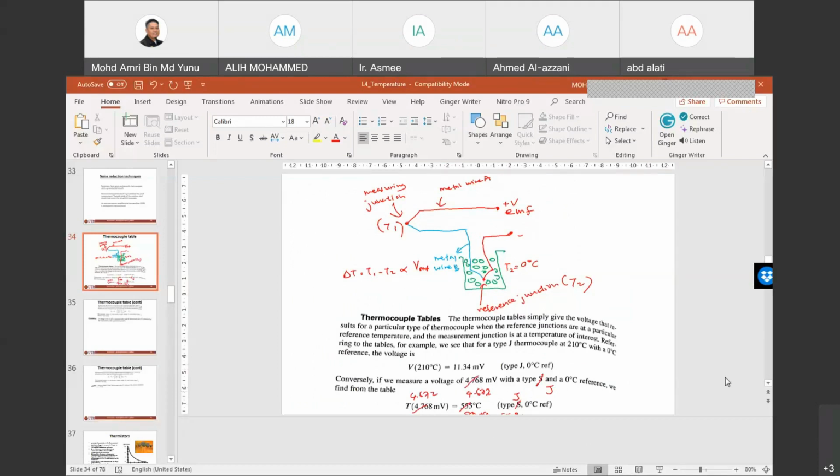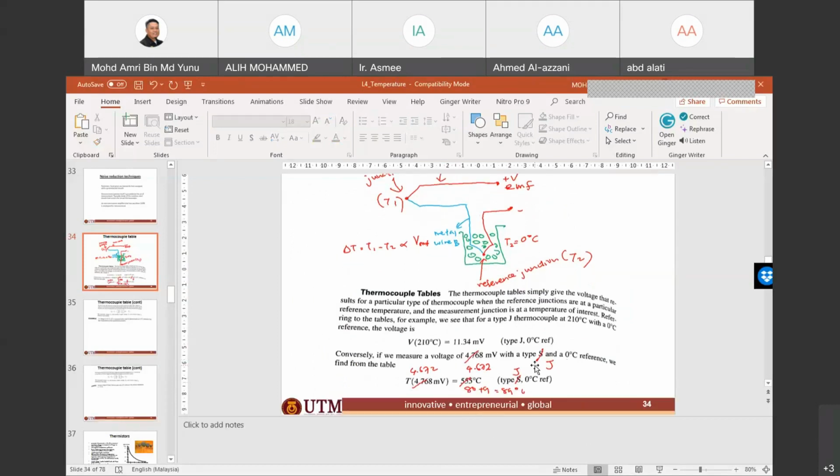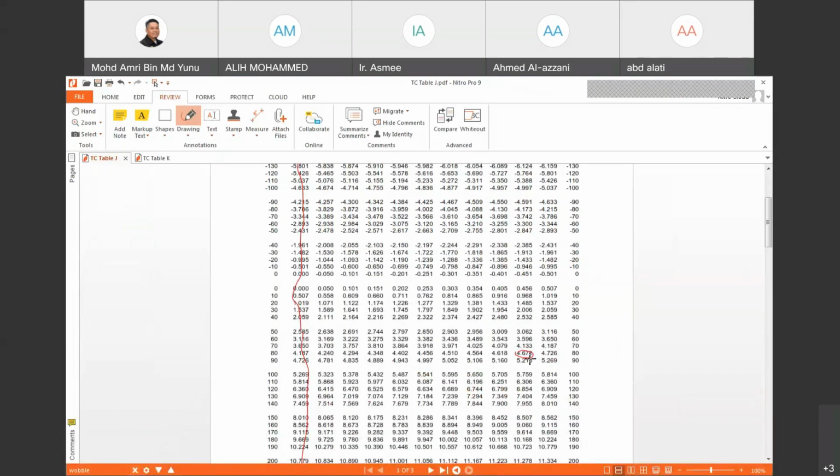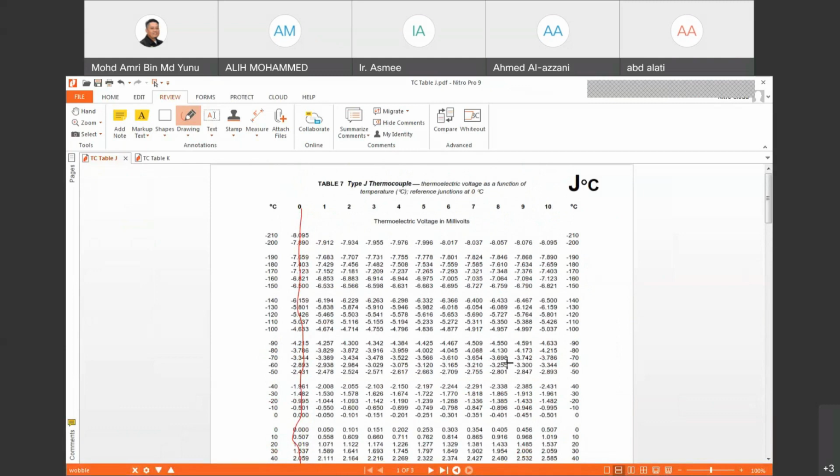Let's say we change a little bit the statement. If we measure 4.672 millivolt with type J at 0 degrees Celsius, we can find it from the table. Then we look at the left: what's the value at the first column? 80. And then we look at the top, 9.